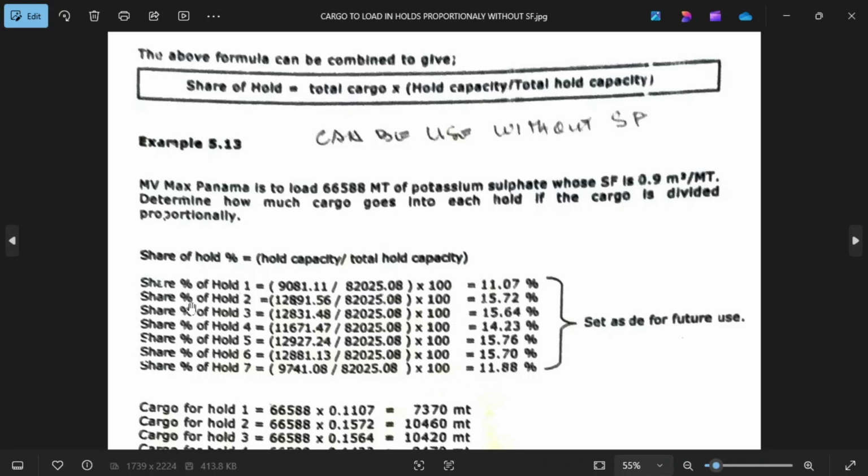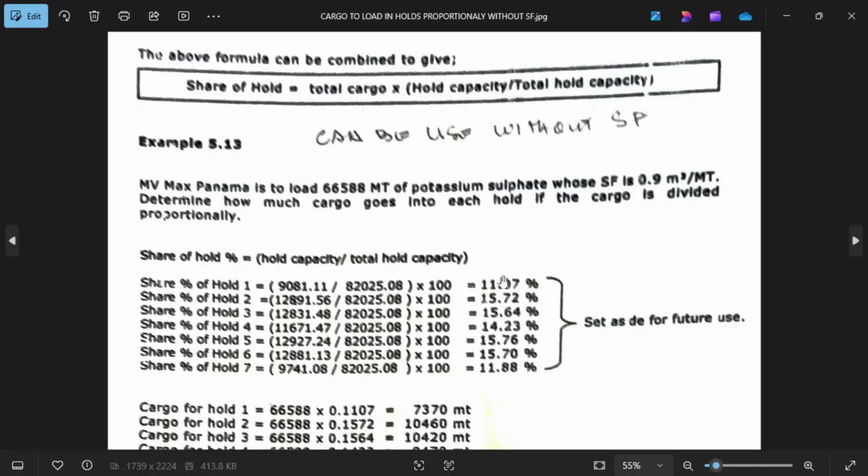So hold number 1 will be 11.07%, number 2 will be 15.72%, number 3 will be 15.64%, number 4 will be 14.23%, number 5 will be 15.76, hold number 6 will be 15.70, and number 7 will be 11.88.